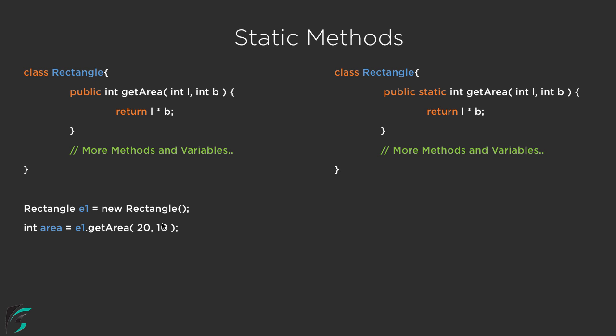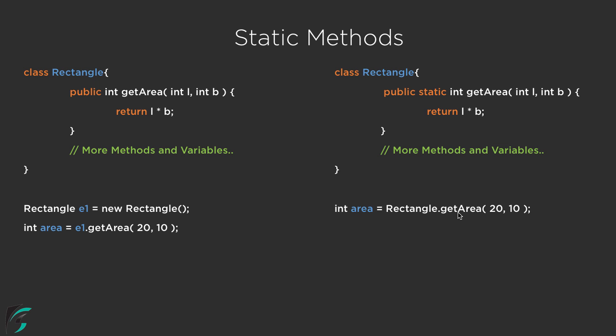And now coming to the right hand side, as we all know, the static methods and variables are only part of the class, not part of the objects. So here we can simply use Rectangle, which is the class name, dot getArea, and simply pass the values. To access the static methods, it is similar to accessing any variable: class name followed by variable name or method name.